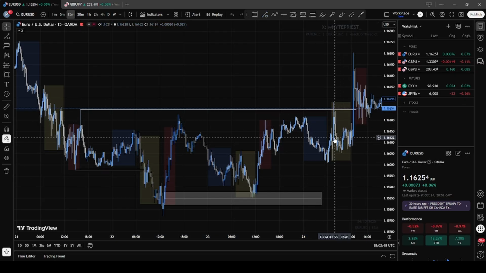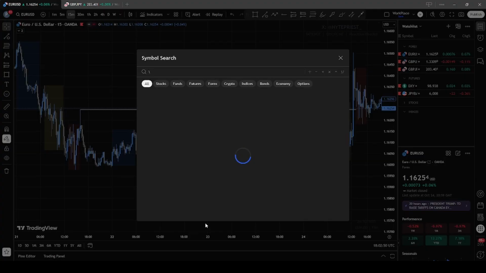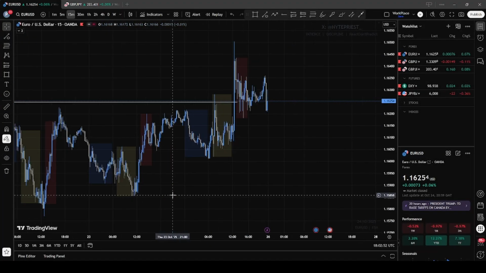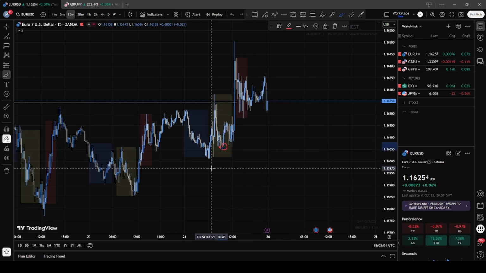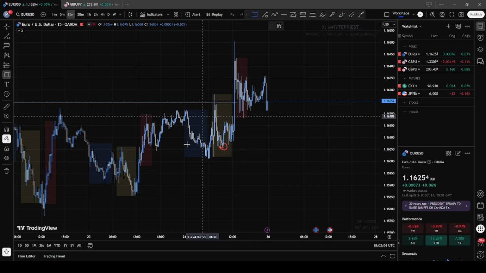Okay, so our next potential trade is on EURUSD, because we have this inducement here, and we have a valid order block here.